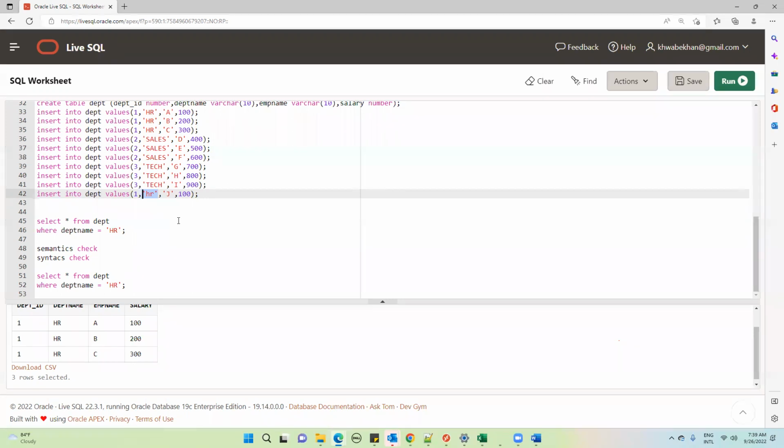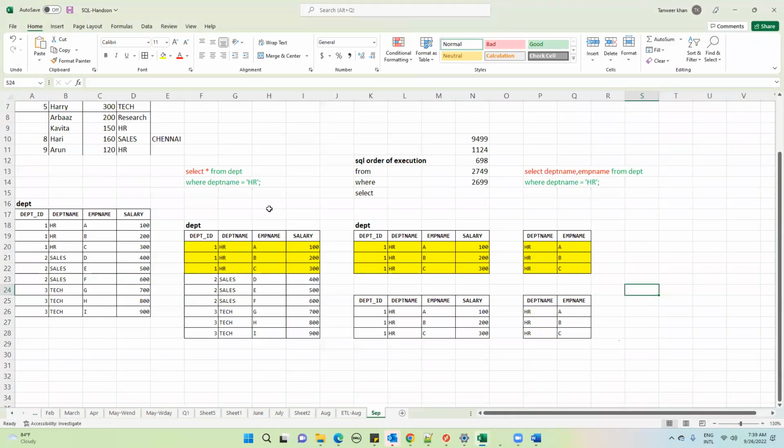Okay. Thanks, Tanvir. No problem. Any other question? Yes, sir. I have a question regarding order of execution. You said that SQL first filters the data from the table, so from, then where.